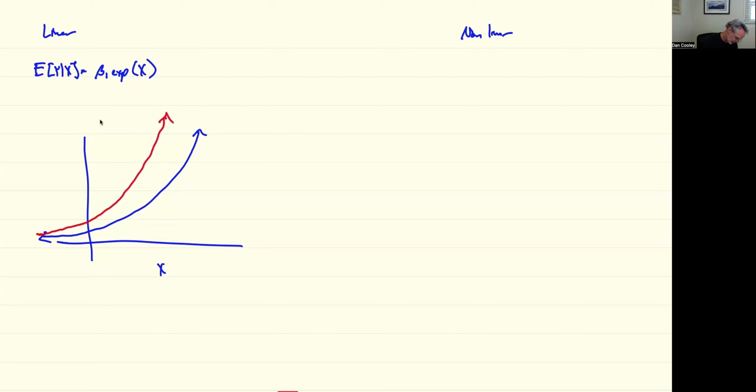Every value here is double the value there. If I multiply by 1/2, we get something like this. If we multiplied by -1, we would get something like that. But that would be a linear model where our x value is, we're taking the exponential function of that.